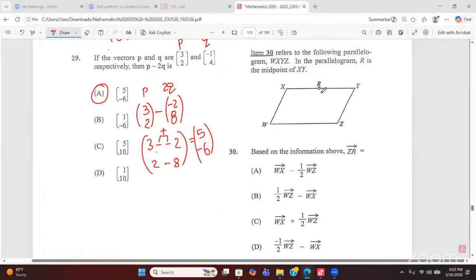ZR is right here. You remember in ZR, you're going like this. So it's a parallelogram, and we got that.